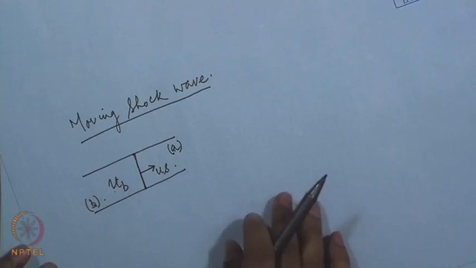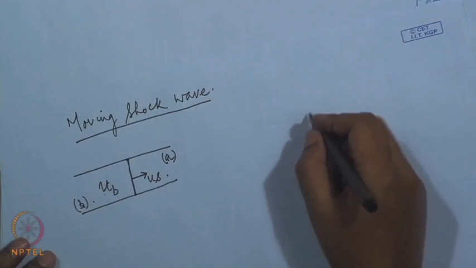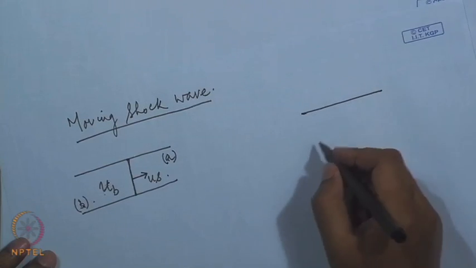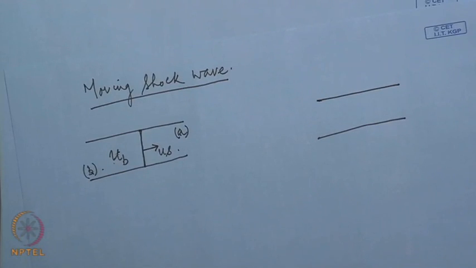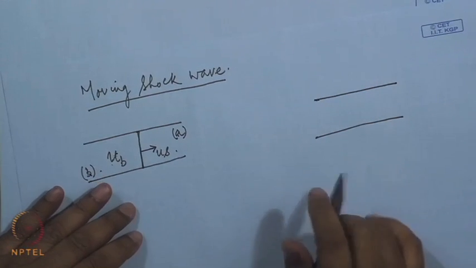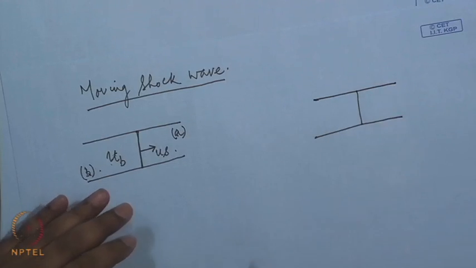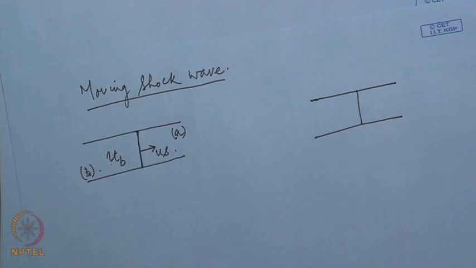However, what we can do in this case is consider a change in reference system in which we consider an observer who is moving with the shock wave.